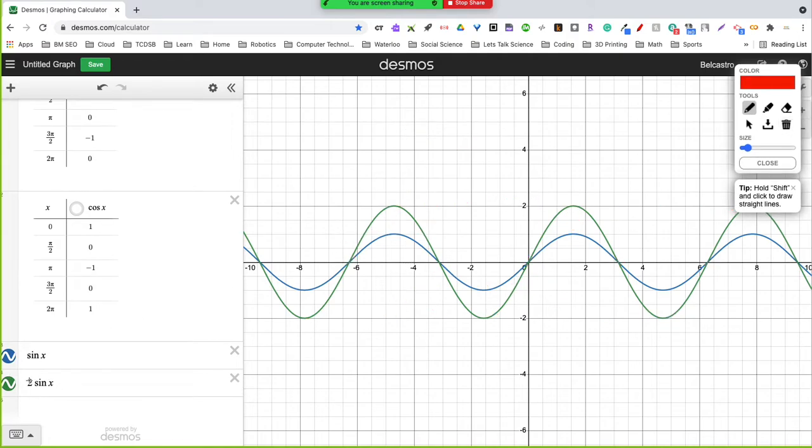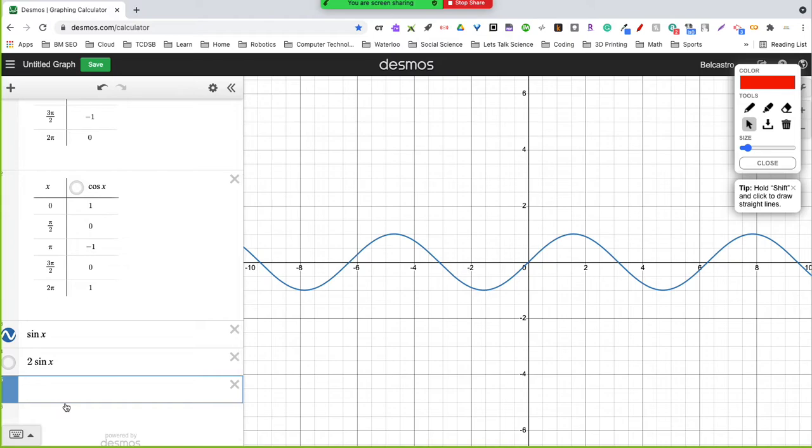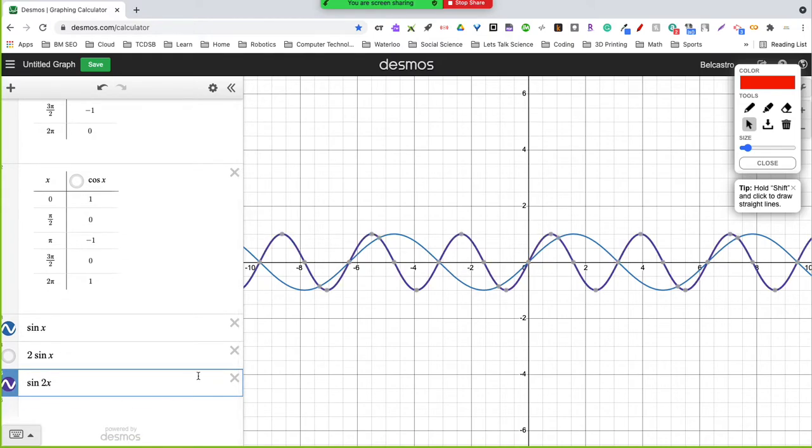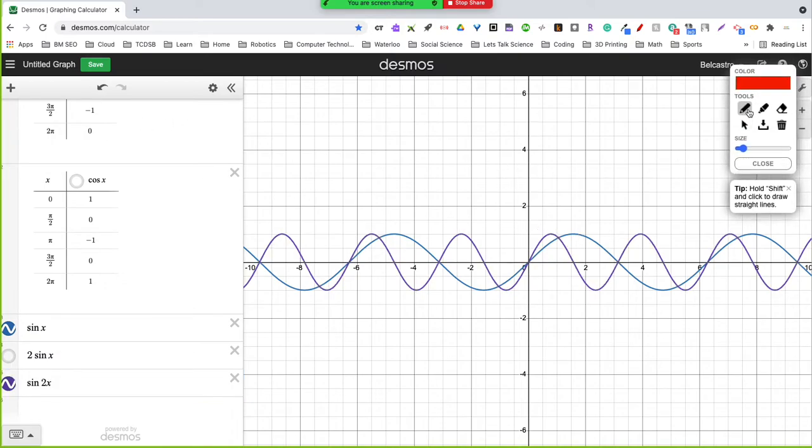We can also compress the same object. So let's turn that one off, and we're going to say sine 2x. Okay? So this is a horizontal compression. Now notice I put the 2 in a different place than before. What has happened is the period has occurred twice as often.